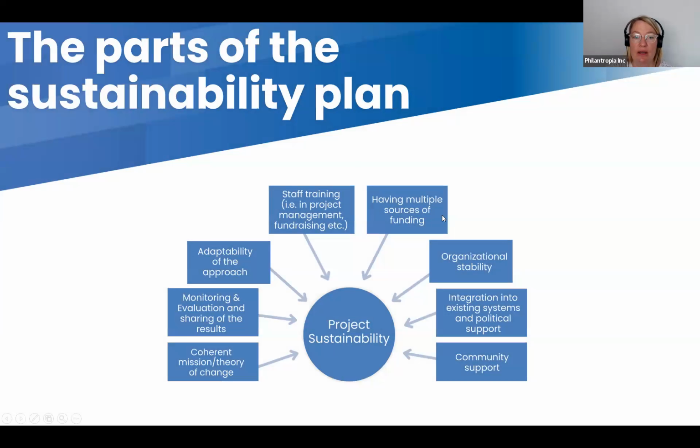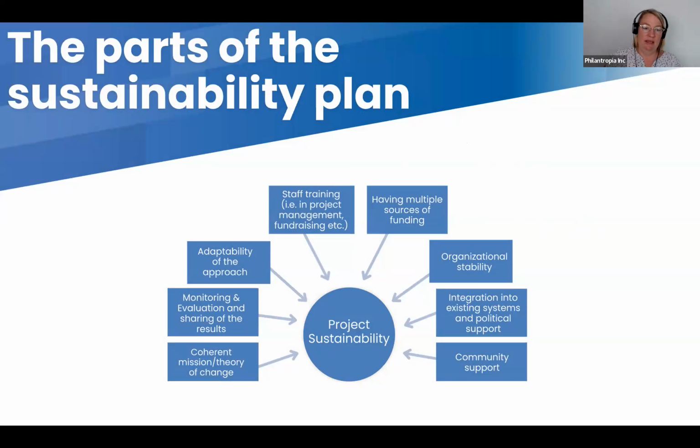So we've gone through a lot of research and studies that have identified factors that also contribute towards successful project sustainability. So what are the factors in a project that determine if it can be successful long term?